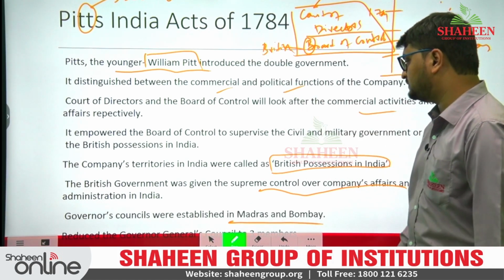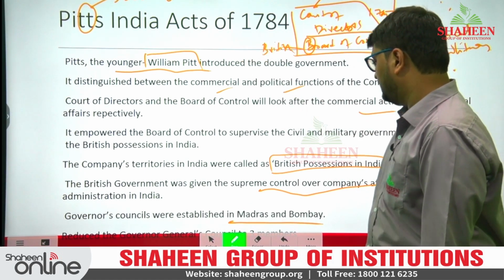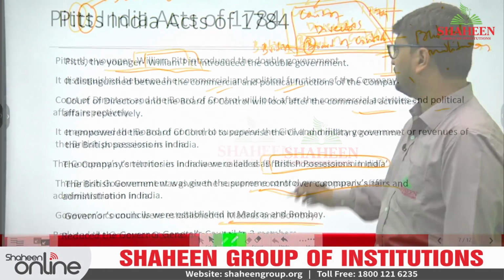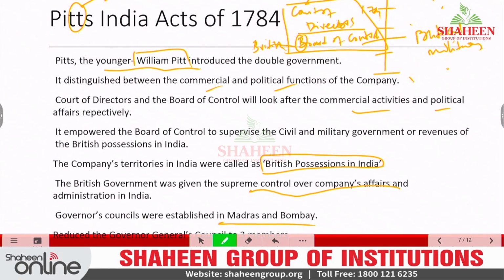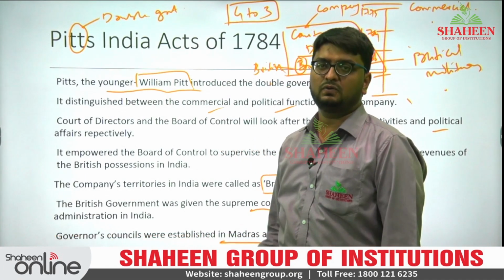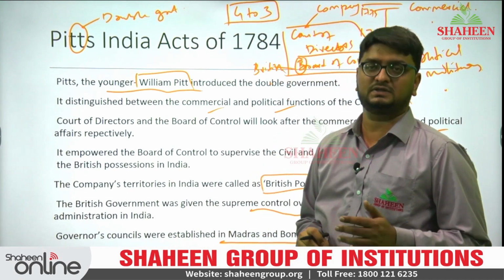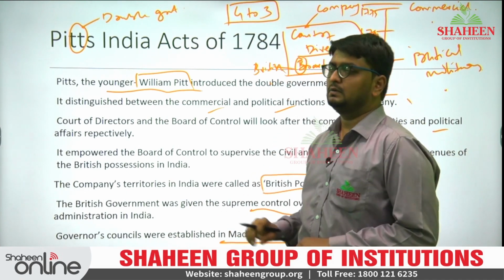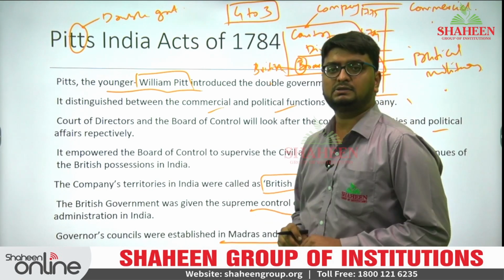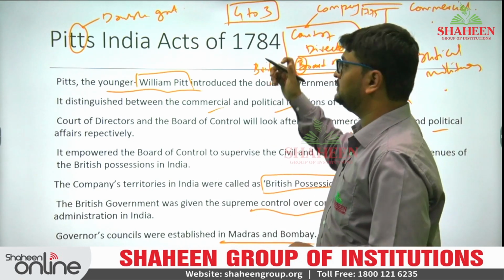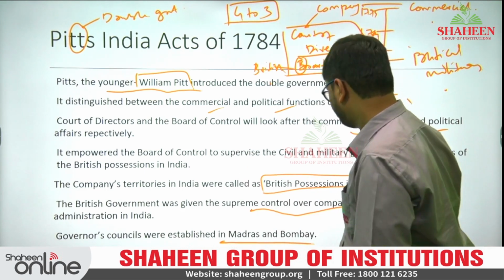Then it also reduced the Governor General Council's numbers, from 4 to 3. So it is a very drastic move. Earlier, the Governor General's Council had 4 people. So with a majority, it was very difficult for the Governor General of Bengal to decide. Okay, but now by Pitt's India Act, the Governor General Council's strength was reduced from 4 to 2.